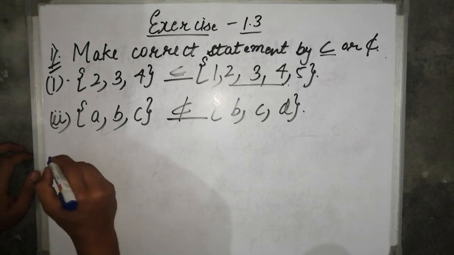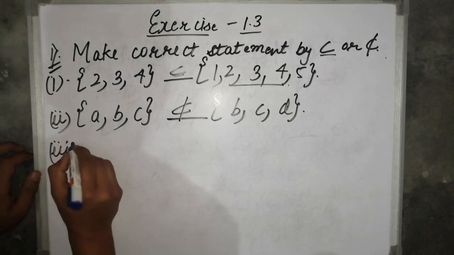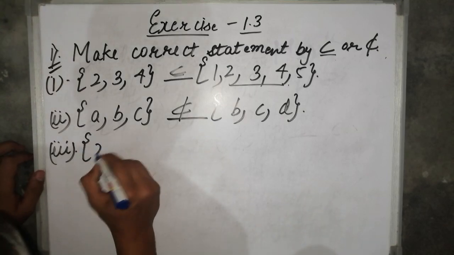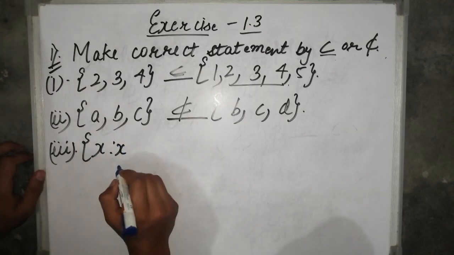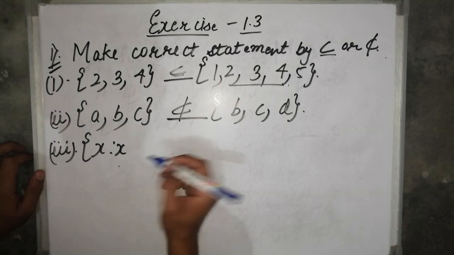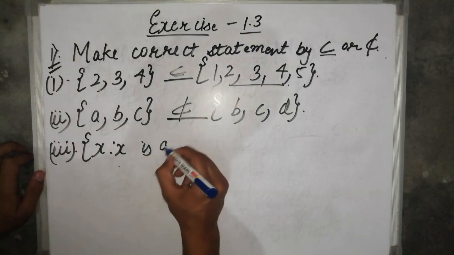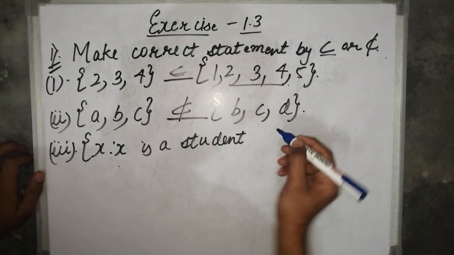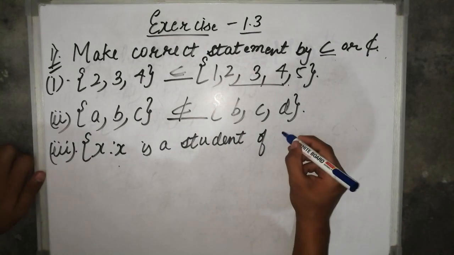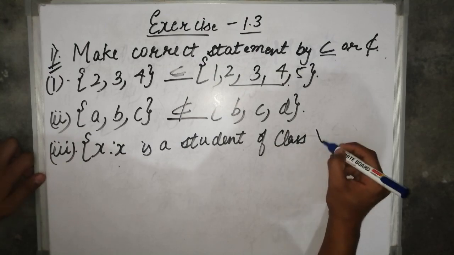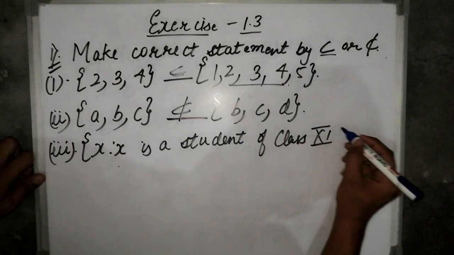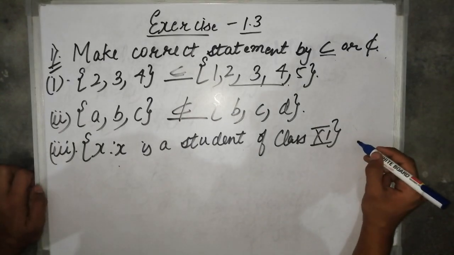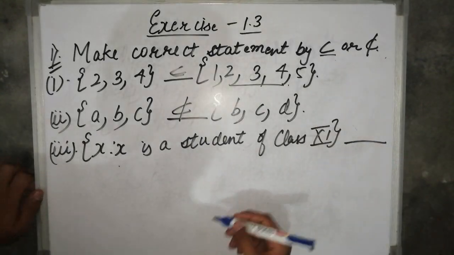Okay. Third part is: {x : x is a student of class 11th of your school}. I'm writing not 'your school' here because the space is not enough.